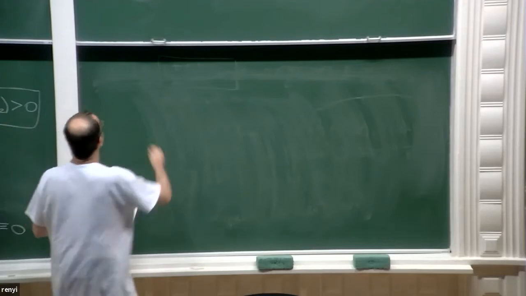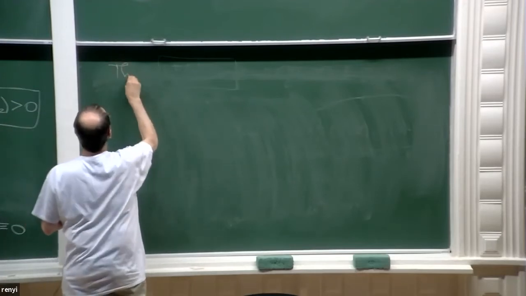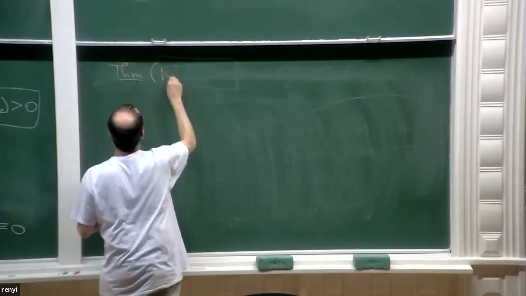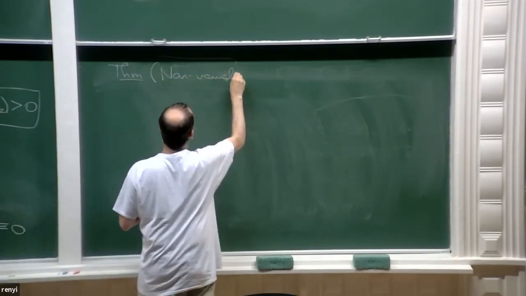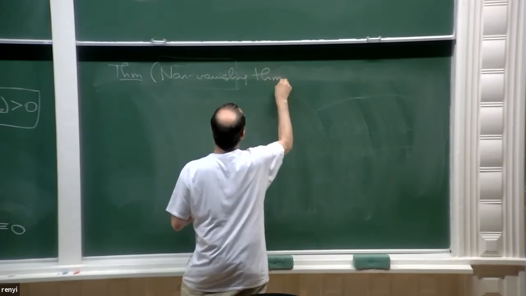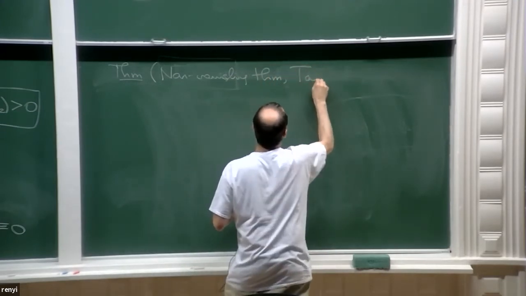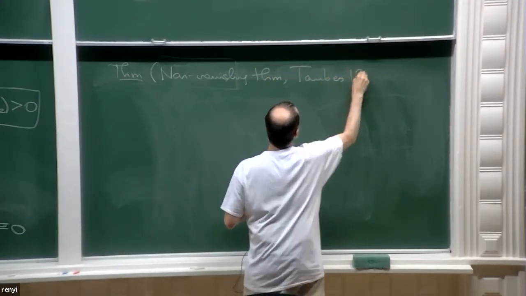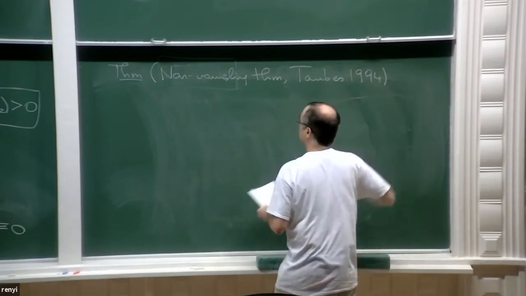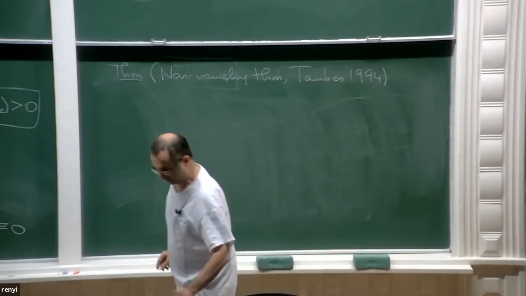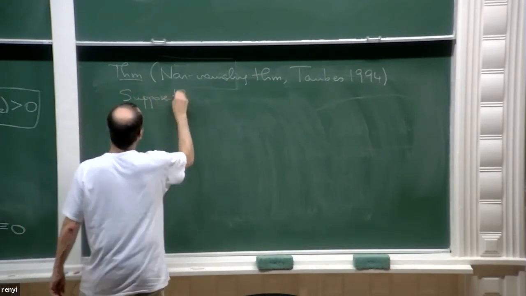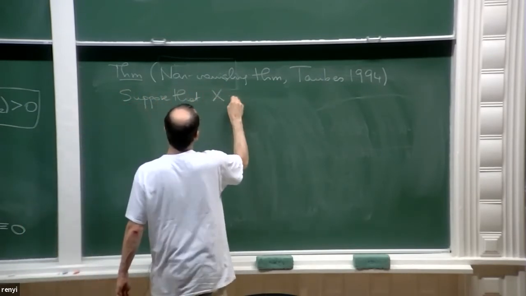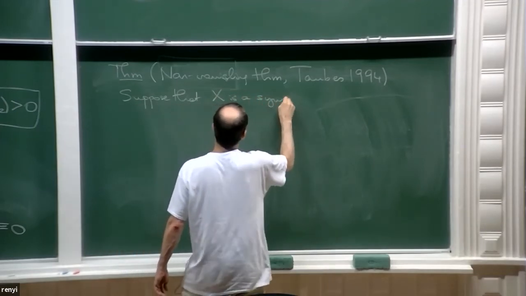Okay, so what's the non-vanishing theorem? This theorem is due to Cliff Taubes from 1994, and it says the following. Suppose that X is a symplectic manifold.